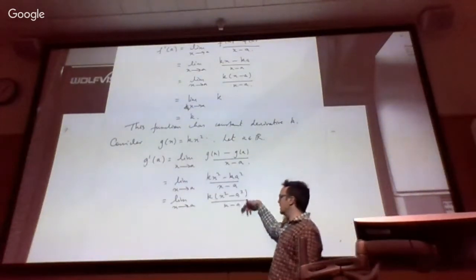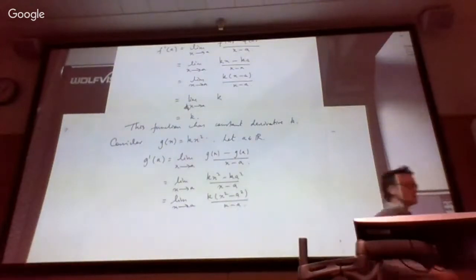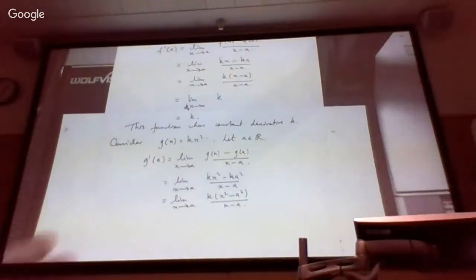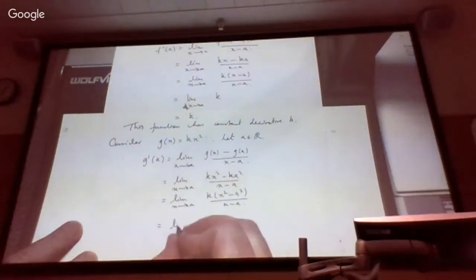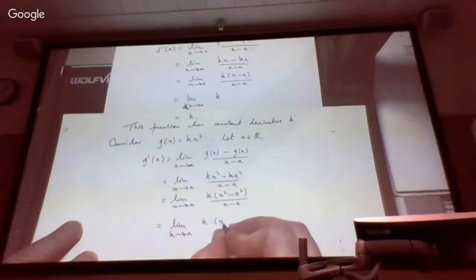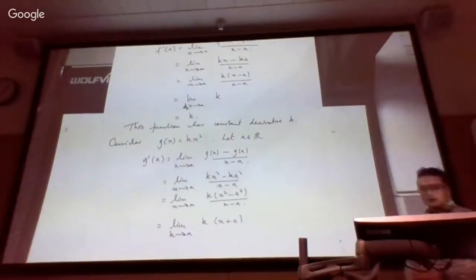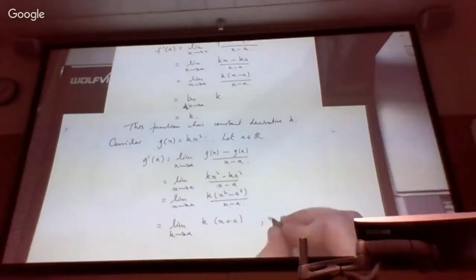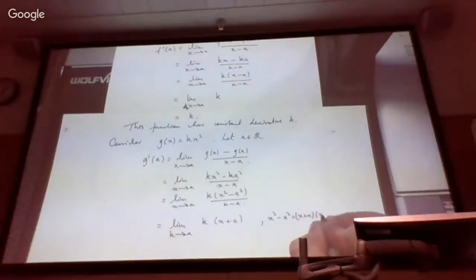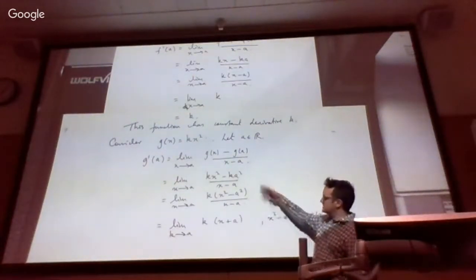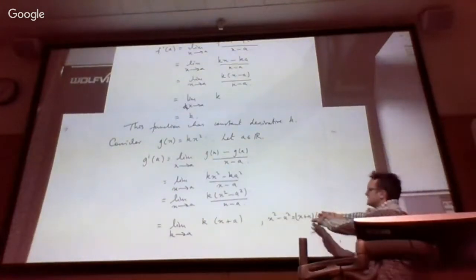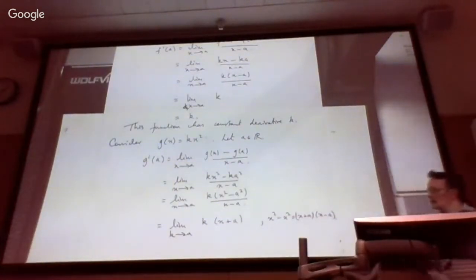We can divide above and below by this troublesome quantity of the difference x minus a. And the factor it leaves behind in the top is x plus a. Why? Because x squared minus a squared is equal to the product x plus a times x minus a. So cancelling the x minus a from the top and bottom just leaves behind the x plus a.